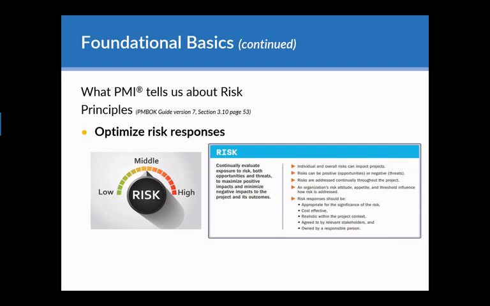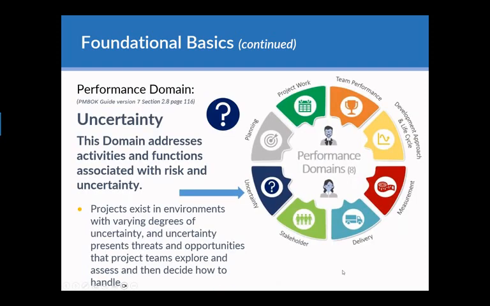First, a principle around risk, where we want to make sure that we optimize our risk responses. That's one layer. The next layer has a performance domain known as uncertainty, where the activities and functions associated with dealing with risk and uncertainty are performed.